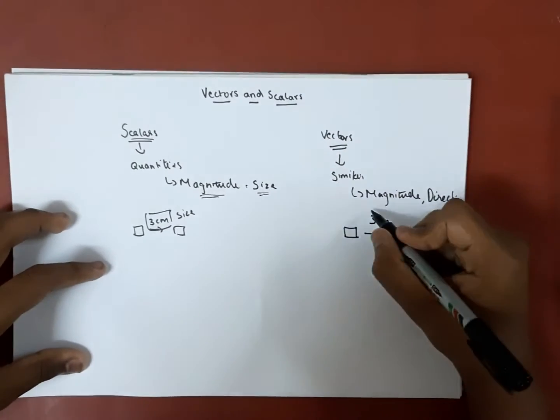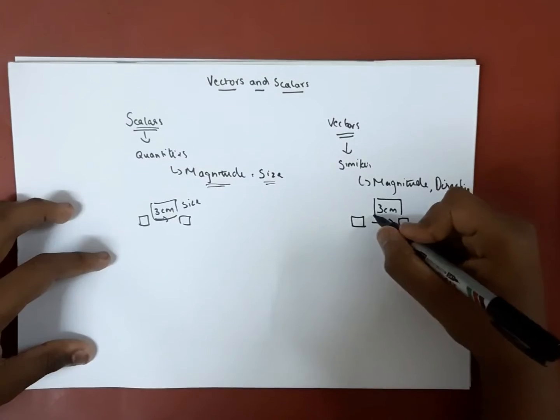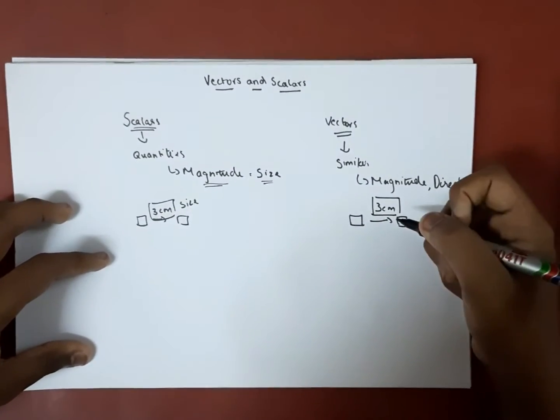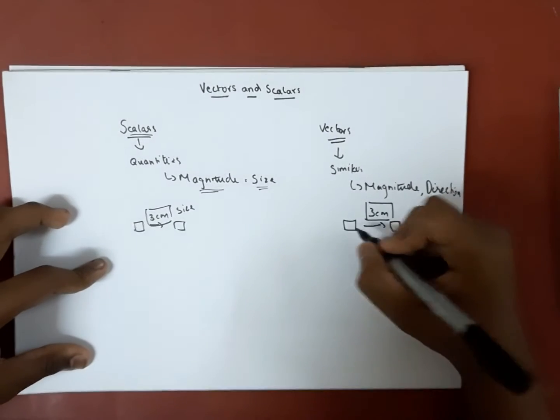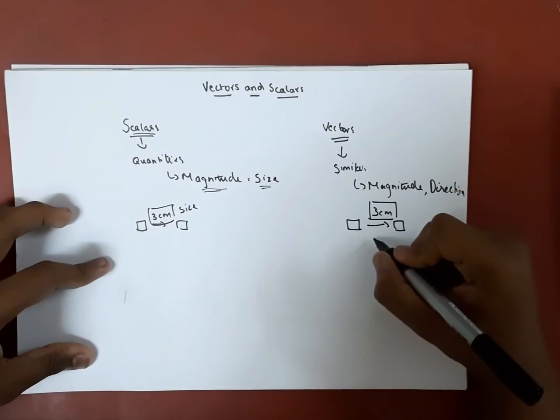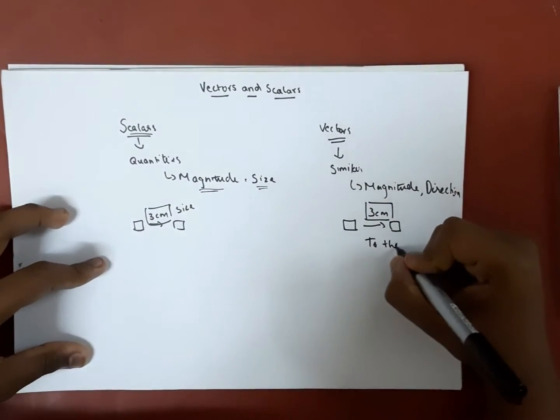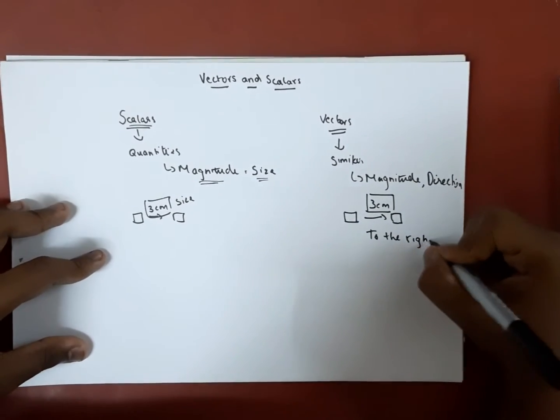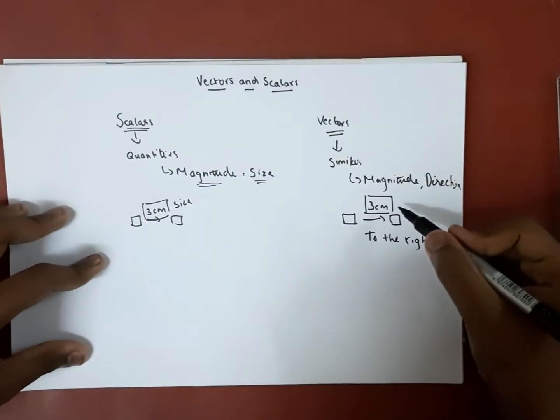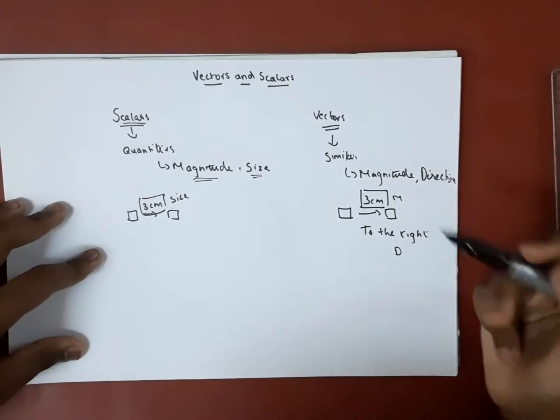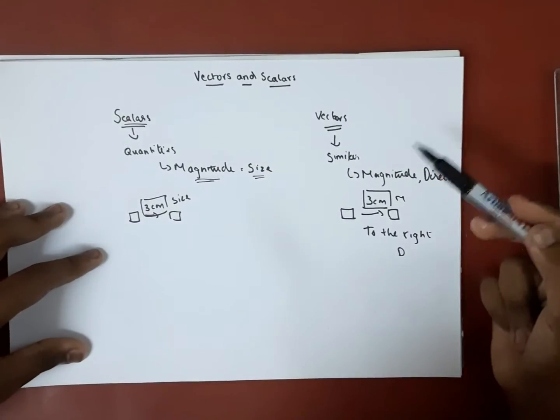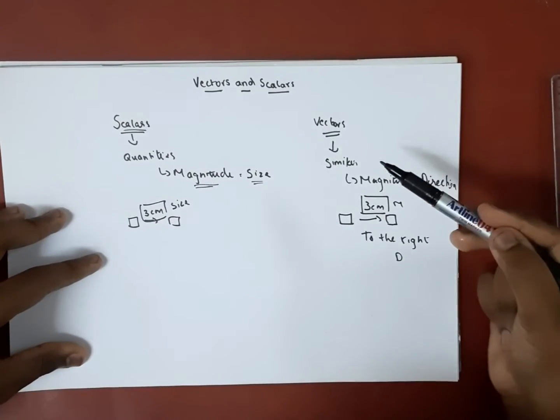Now, if we have only 3 centimeters, then it's a scalar quantity because this is only magnitude. But if we say this box has moved 3 centimeters to the right, now it becomes a vector quantity since it has both magnitude and direction. So this is the simple way of understanding scalars and vectors.